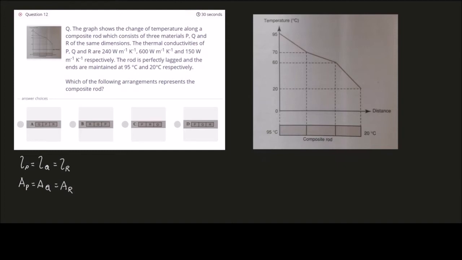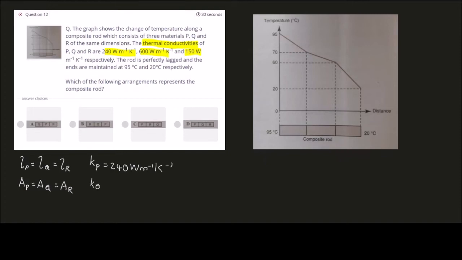Now they say the thermal conductivity of P, Q, R are 240, 600 and 150 watt per meter per Kelvin. Okay, that's a lot to swallow. So, well, let's copy it down then. So thermal conductivity represented with K. So K of rod P is 240 watt per meter per Kelvin.